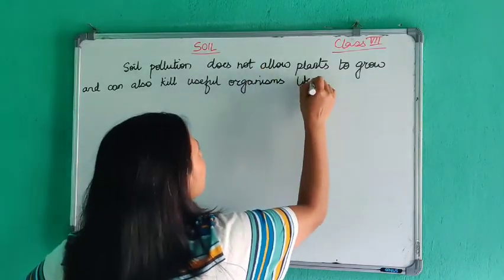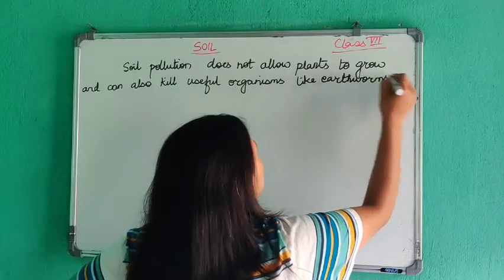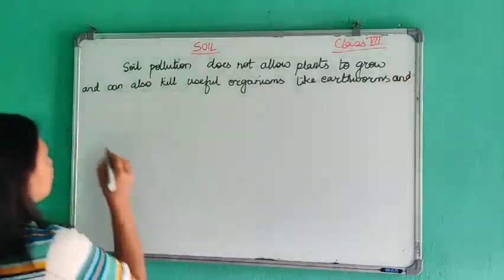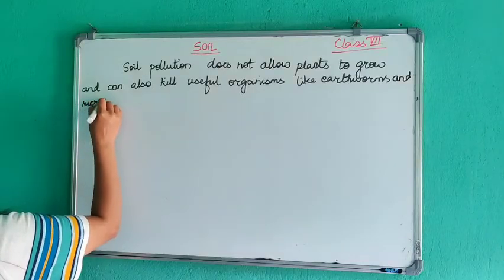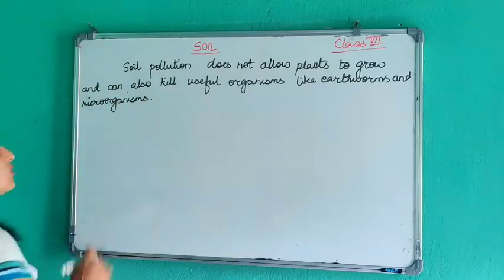Useful organisms like earthworms and microorganisms. So it has to be prevented. So we have to prevent soil pollution. So कसरी prevent गर्न सकिन्छ होला soil pollution?